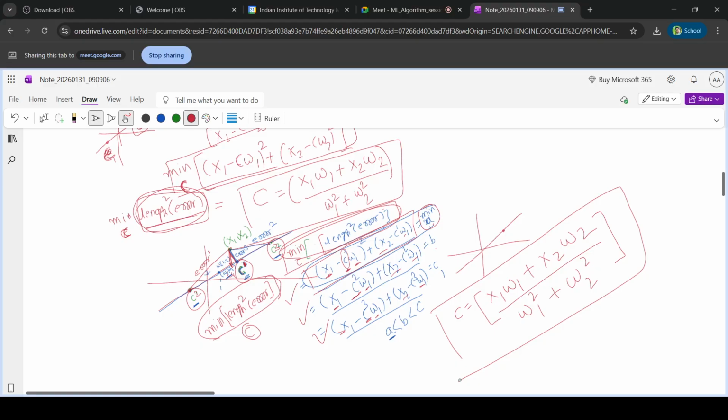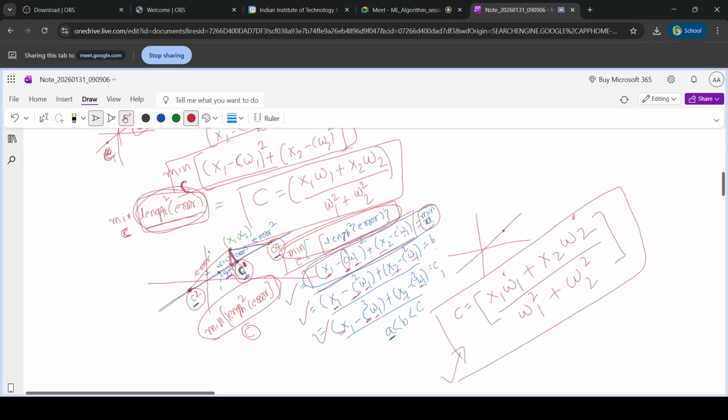We started with some equation, and that equation helps us get the c value. You will get the w1 w2 values, and you will have x1 and x2. Then you have to figure out what is the best c. So you will get c1 here. This is how you understand the point, which is the following.